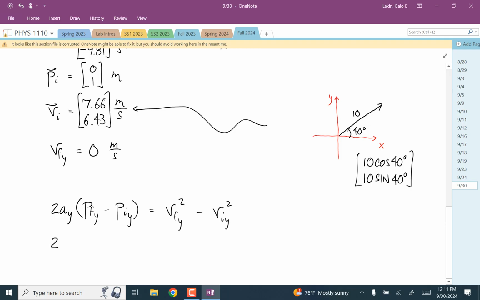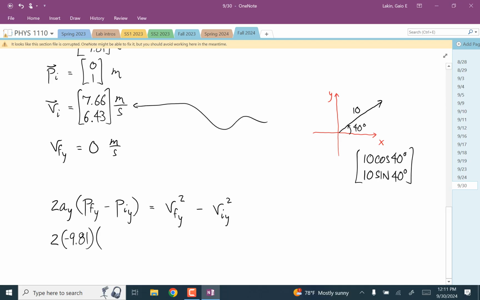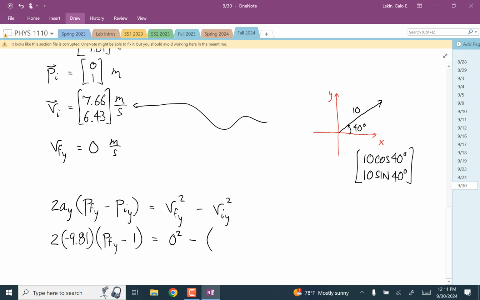So we have 2 times negative 9.81 times the quantity Pfy minus 1 is equal to 0 squared minus 6.43 squared.